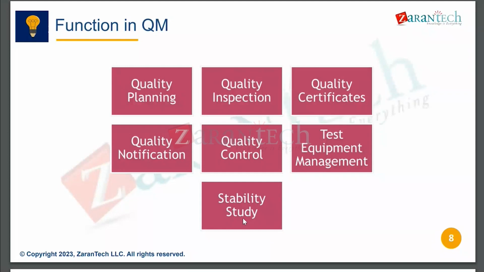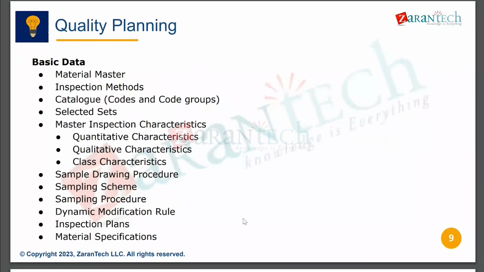Batch management relevant, pharma relevant. You need to give a shelf life to that particular product, and these kinds of industries will use the stability studies. So this is the main part where you need to have more understanding, and this plays a major role in your quality management implementation in SAP.